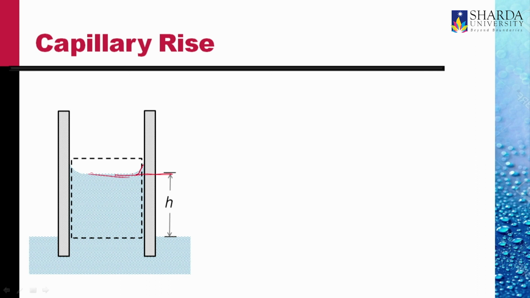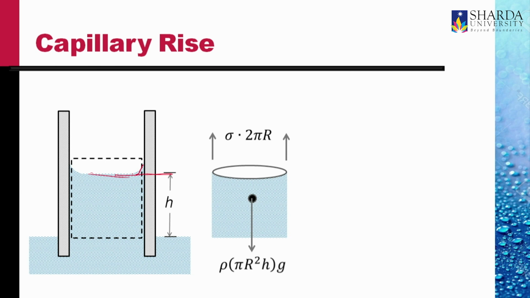We consider the free body of this fluid, shown here. Clearly, the pressure at this point is the same as the pressure at this point, the same level in a liquid connected with the same fluid. And the pressure here is atmospheric.